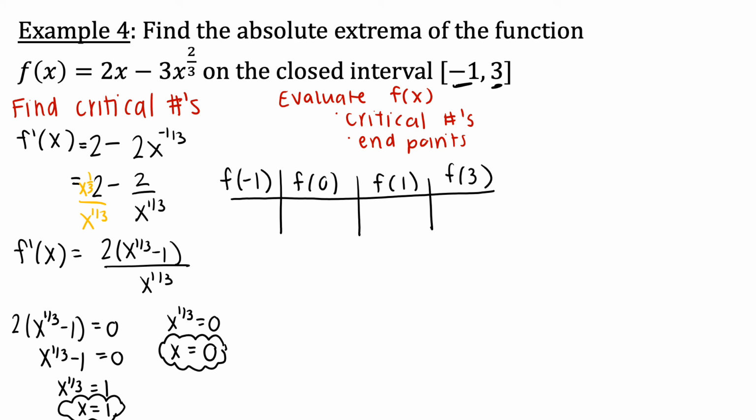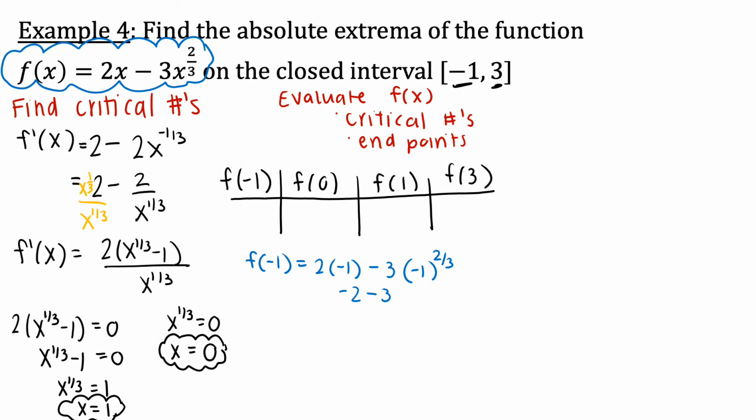Plugging into the original function, which was 2x minus 3x to the 2/3 power, if we look at f of -1, we get 2 times -1 minus 3 times -1 to the 2/3 power. 2/3 power is really the third root of -1 squared. -1 squared is +1, third root is still 1, so we would get -2 minus 3 gives us -5.